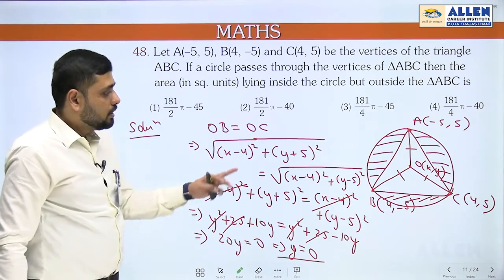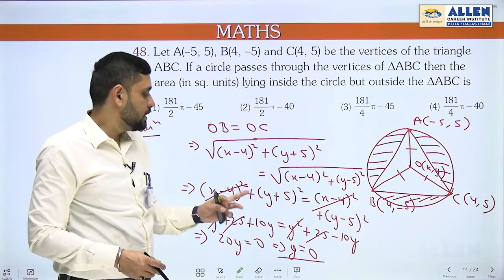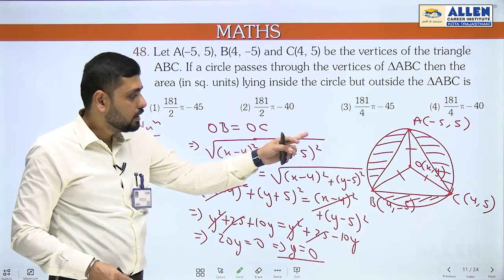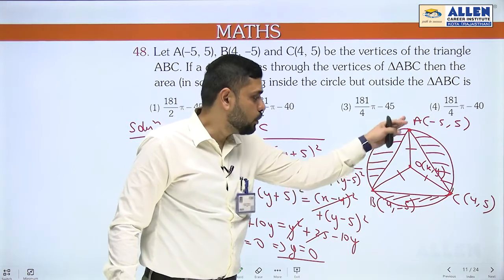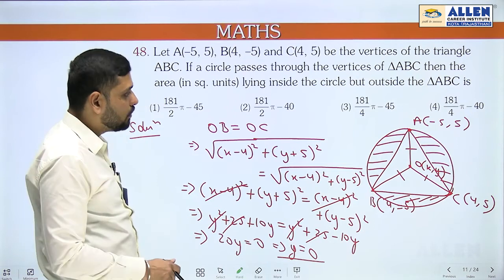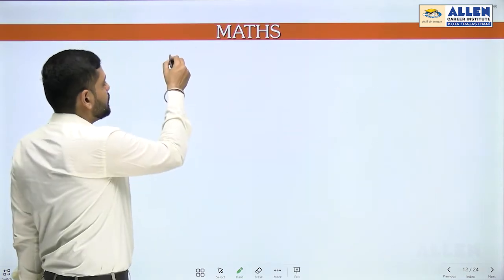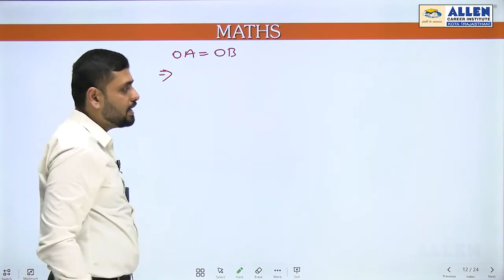That is, the y coordinate of the center we got as 0, and now we'll keep the value of y in this equation or in another equation. Let's take OA equal to OB to get the value of x, right. So we take OA equal to OB, and now we'll keep the value of y as 0.